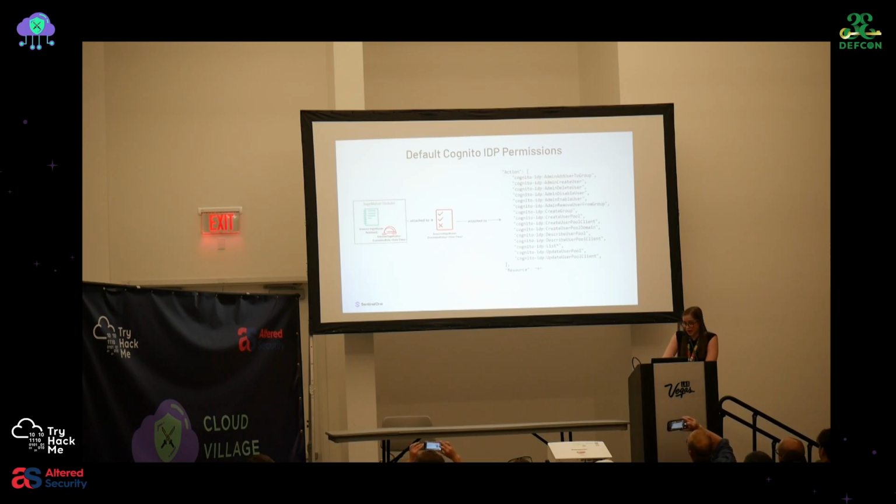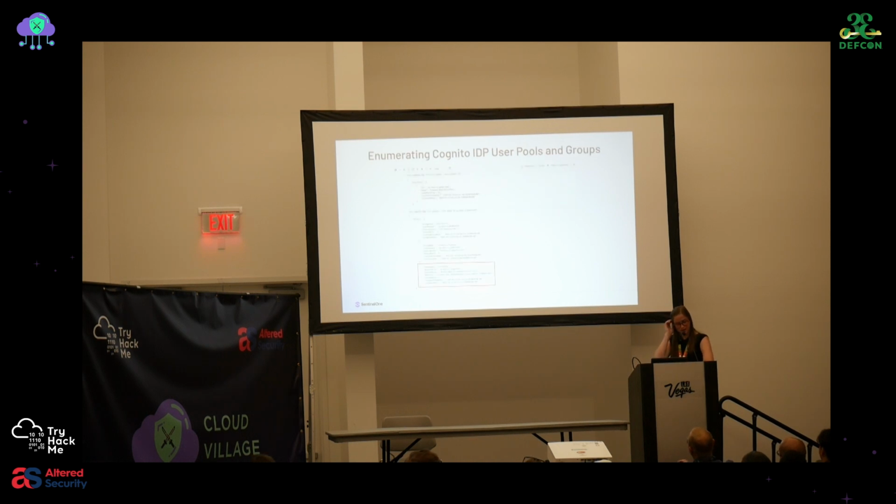So, I still don't know why, but the SageMaker default role has very permissive permissions for Cognito IDP. And I used these two in order to perform my attack. So I started regularly by enumerating the Cognito IDP user pools and groups.